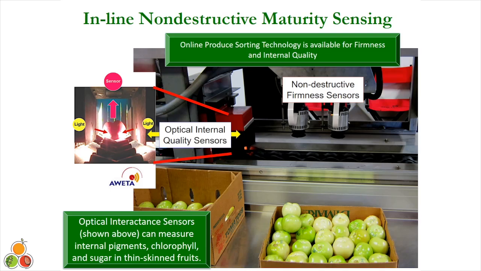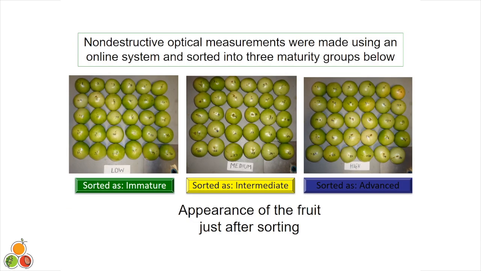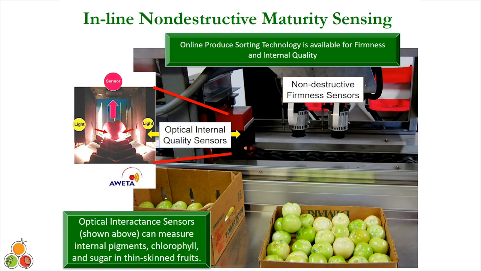No, not reflectance. Interactance. It's not transmittance for sure. So you're using interactance methods to quantify or online classify the maturity of tomatoes. This is what the machine did. Oh, by the way, this is a near-infrared system.